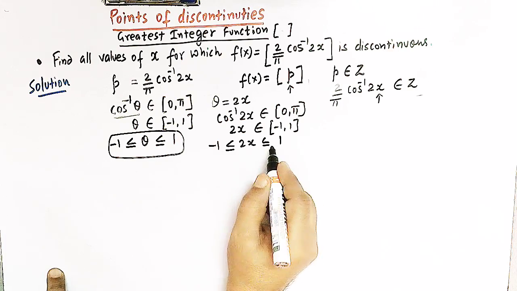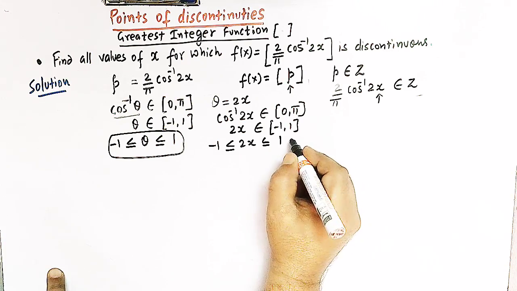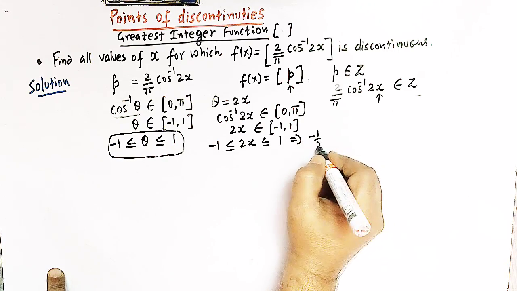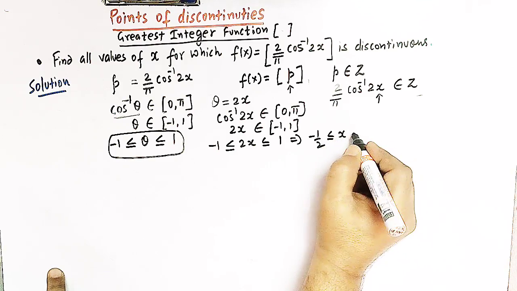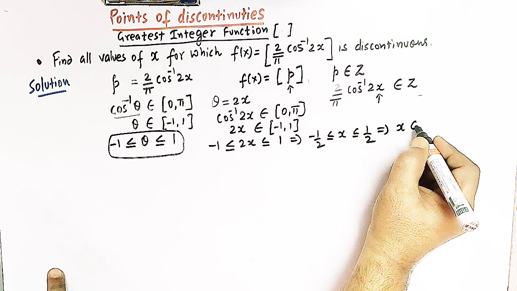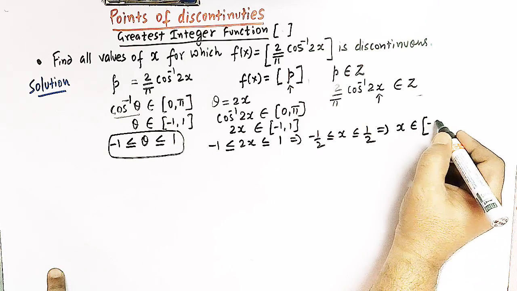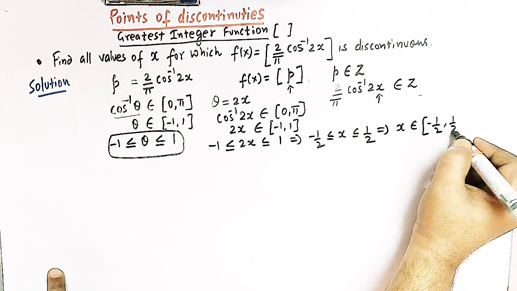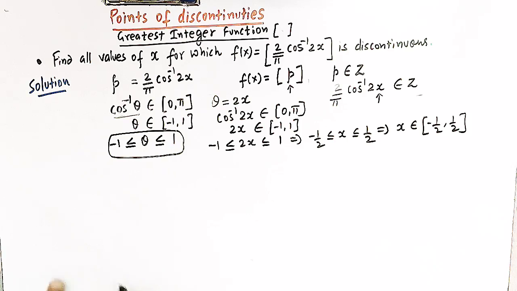Now if we divide throughout by 2, then we have minus half, then we have x, and here we have half. This implies that x should belong to the interval minus half to half, right?